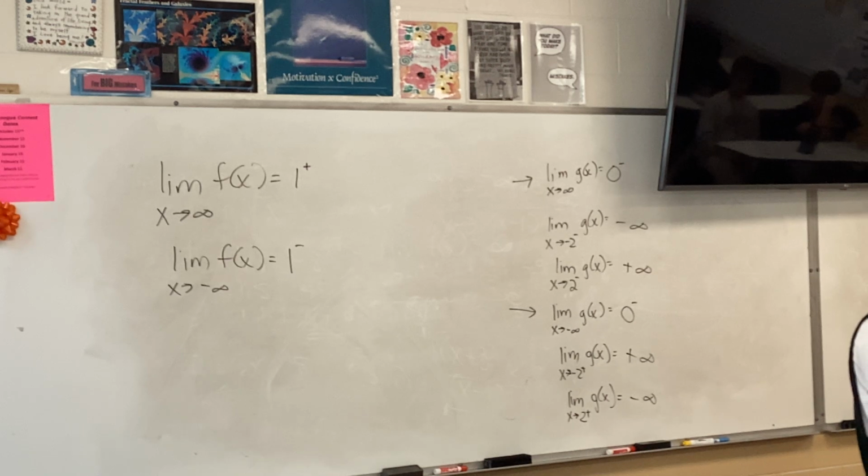Number 3. Positive infinity. Number 4. -2 from the bottom. Number 5. What'd you say? Positive infinity. And number 6 is negative infinity. You got it?